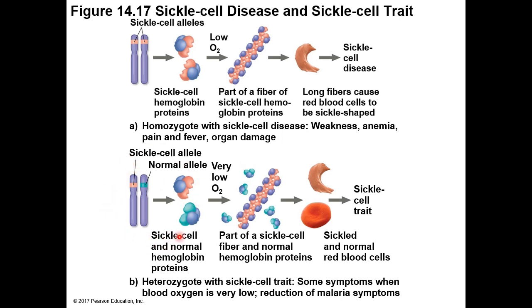In the picture below, we have a heterozygote. They have one sickle cell allele and a normal allele. Some of the hemoglobin in some of the red blood cells is normal, and others is not normal. This leads to a mixture of sickle cell red blood cells and also normal red blood cells.